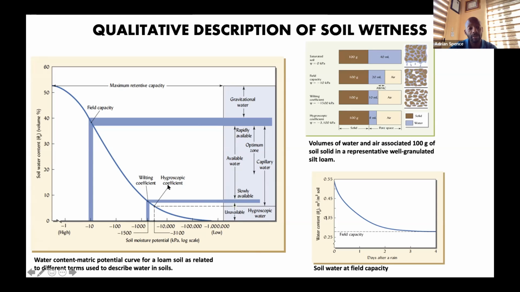Right? Additionally, the difference between your field capacity and your wilting coefficient is where you find your available water. Right? And you have the optimal zone, and you have slowly available water. You can see here.